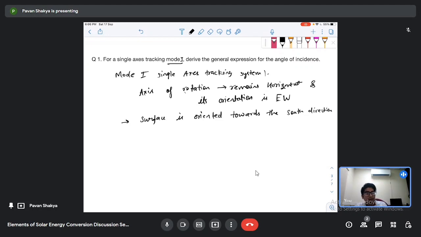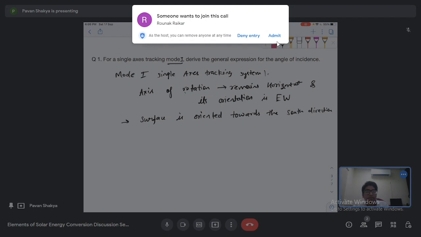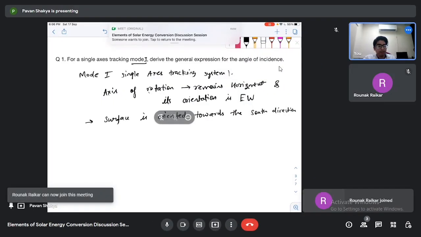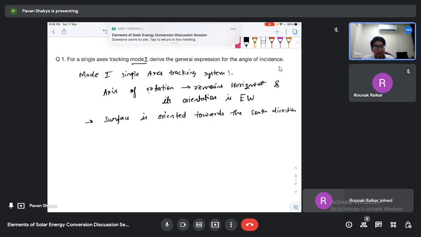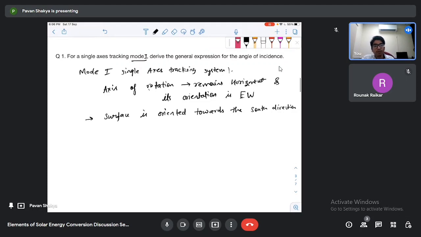Next, in this type of single axis tracking mode, we have to adjust the tracker every day. We have to adjust it in such a way that the beam radiation is normal at solar noon. So what does that mean?